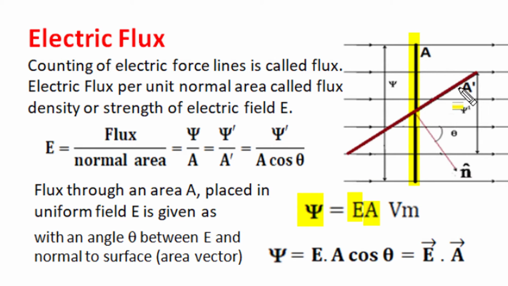And if area makes an angle theta from normal, or area vector normal to the surface makes an angle theta with electric field intensity, then flux passing through that tilted area is the same as passes through normal area A cos theta, and flux passing through an area which makes an angle theta from normal to electric force lines is given by EA cos theta relation, or it could be written as dot product of E vector and A vector, where area vector is directed normal to the surface and theta is angle between E vector and area vector.